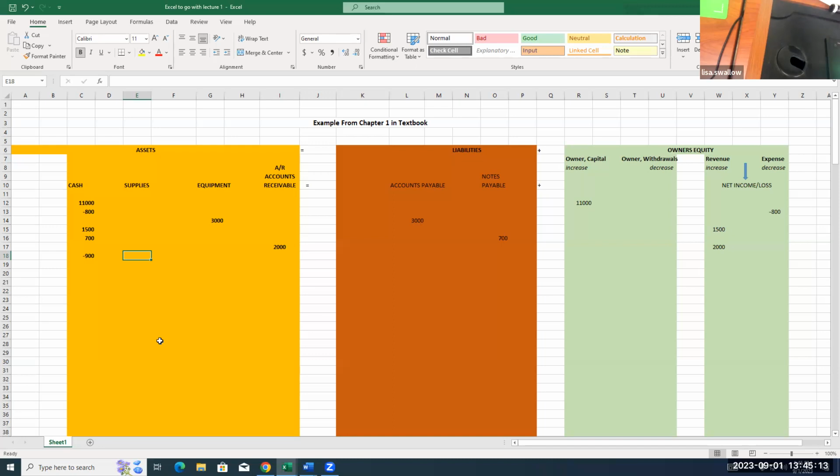Okay. So, supplies up or down? Now let's stop here. What has happened in total to my assets, all of my assets so far, just from this transaction?